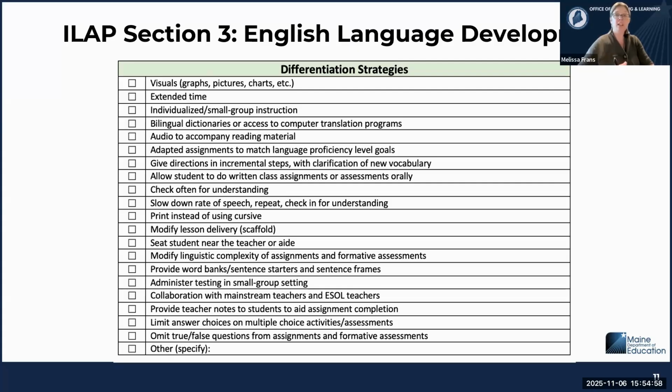My goal is to shift our thinking around accommodations, because that can have multiple meanings depending on your role or perspective of what accommodations are or how students can access them. Really thinking about these things as instructional strategies and scaffolds. What are the supports our multilingual learners need to have in place for them to access academic language and academic content in general education classrooms?